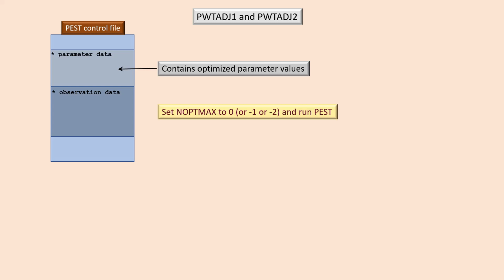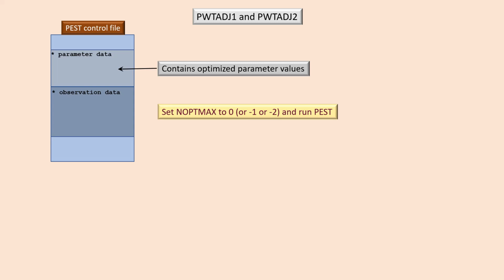We may then set NOPTMAX to 0 to calculate a run record file. Or we may set NOPTMAX to -1 or -2 to calculate a Jacobian matrix file to give us sensitivities based on optimized parameters as a precursor to doing linear or nonlinear uncertainty analysis based on optimized parameters. This is the subject of another video.